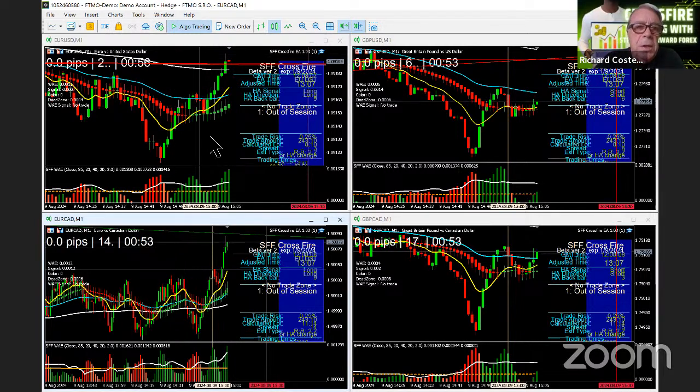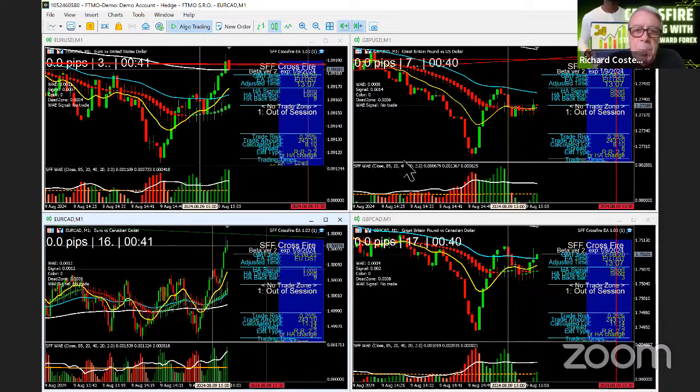So I think the trading assistant is going to be good. It can get you into trades, but I think we need to find a way of saying, right, I'm in one trade, do I really want to get into the other three just because the trading assistant puts me into them?